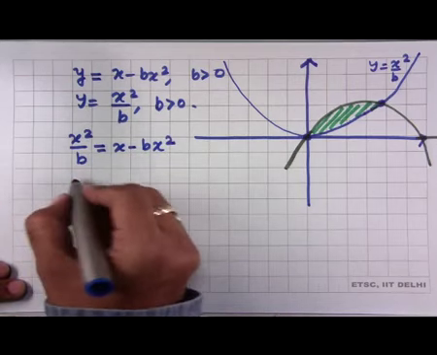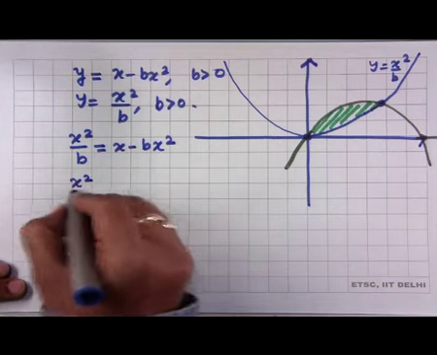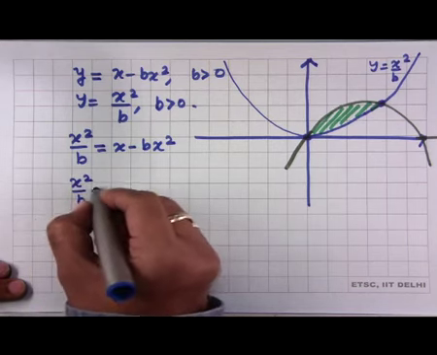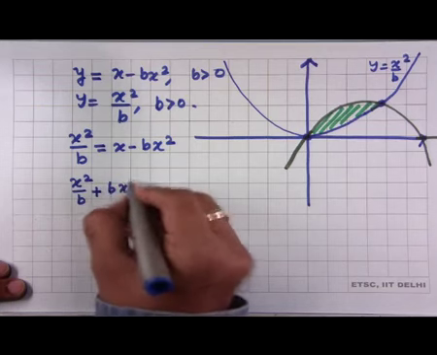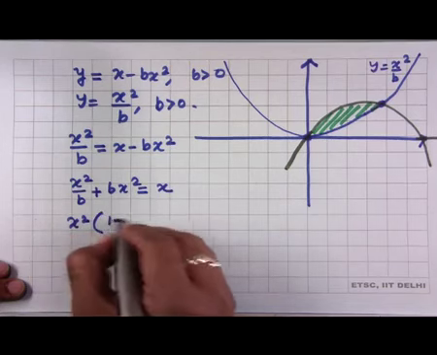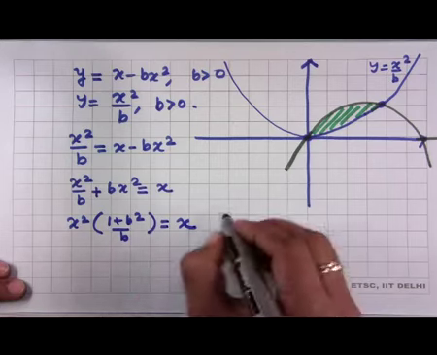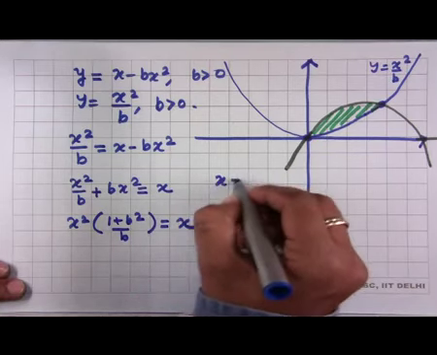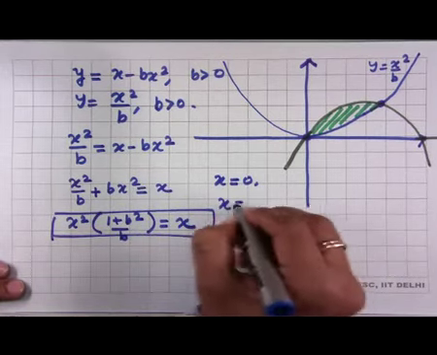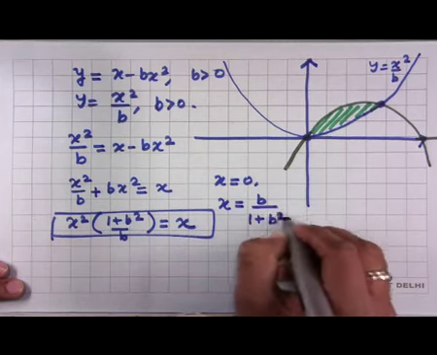So, we get x equals 0. If you solve this, you get x equals 0 and x equals b by 1 plus b square.